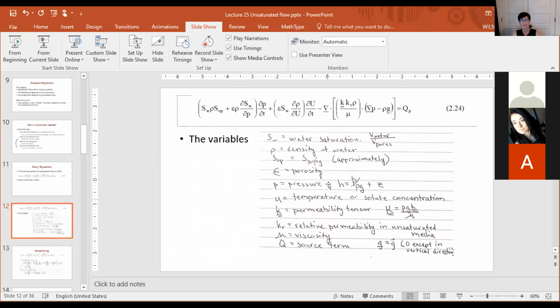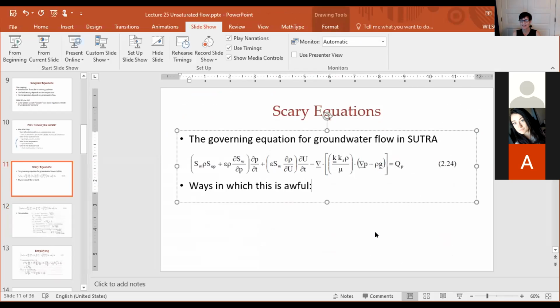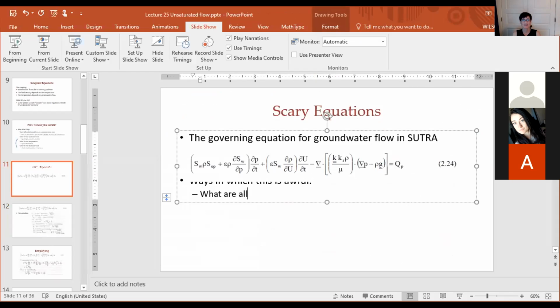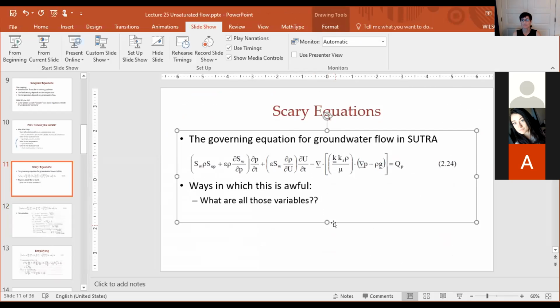What are all those variables? That's usually the first way in which these things are just awful, right?